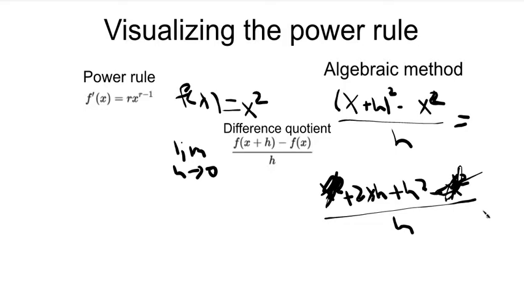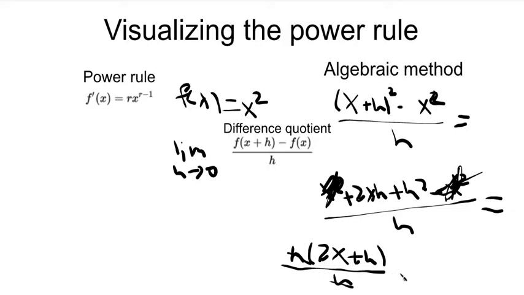What does this mean? Let's factor a term out. We can see there are two h's in the top, divided by a plus sign. So we could factor out an h. h multiplied by 2x plus h, divided by h. Since h and h cancel out, we're left with 2x plus h.